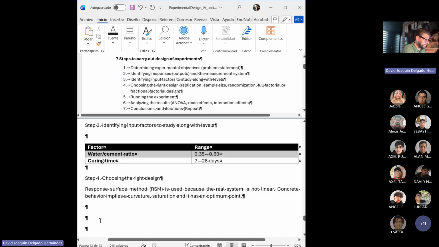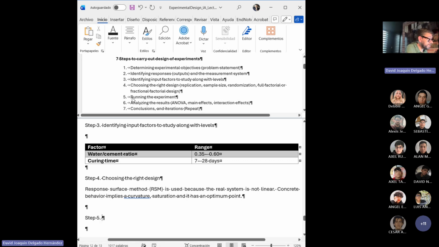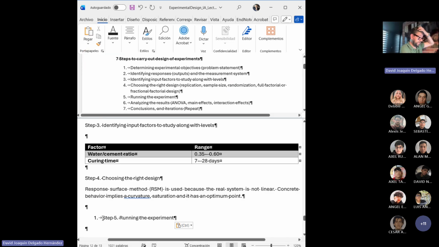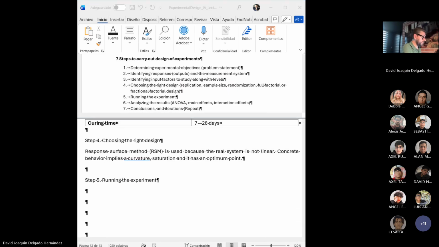Step number 5. Okay, step number 5. So let me copy, running the experiment. Okay, so let us paste step number 5. Okay. So I am going to build the table.